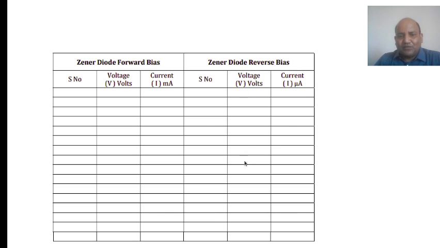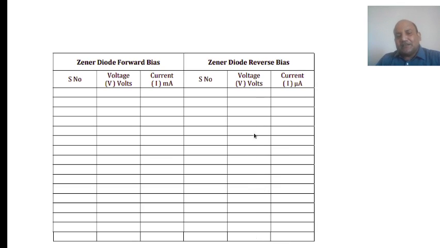If you vary the voltage, suppose 6.5 volt is the zener breakdown, before that you will get variation in the voltage and variation in the current also. But after breakdown you will get variation in the current only, and the voltage is nearly constant.